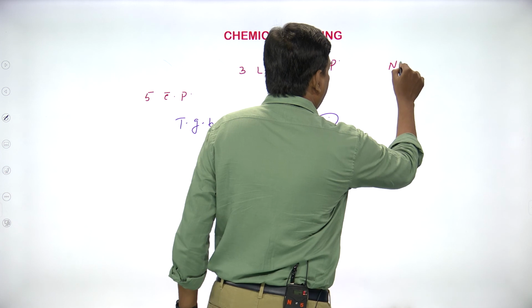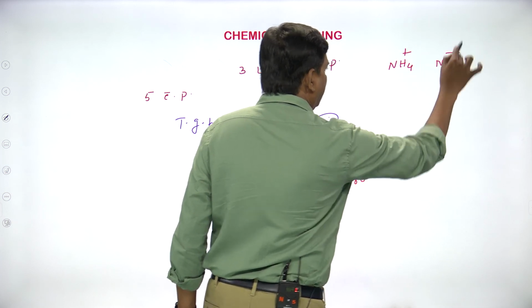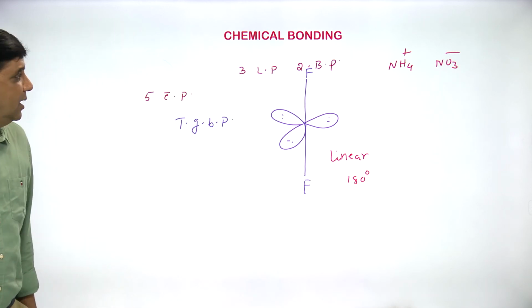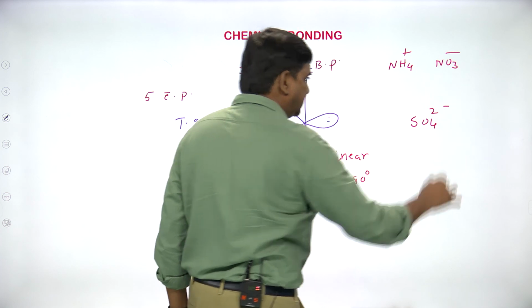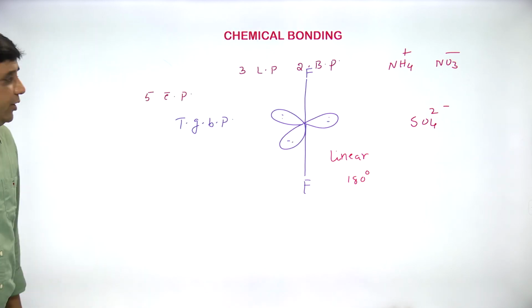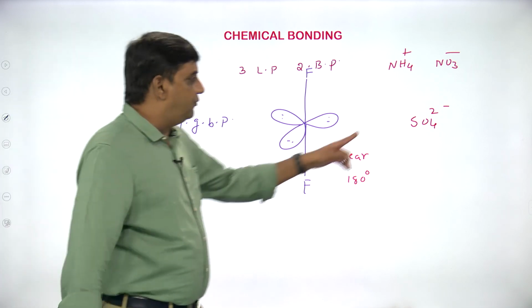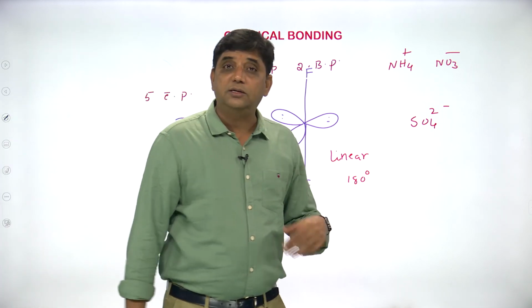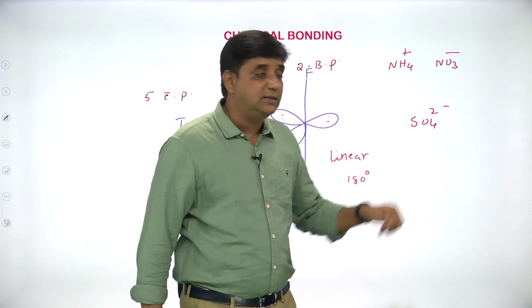Or they ask for the hybridization of NH4 plus, NO3 minus, or SO4 2 minus. How do you calculate SO4 2 minus? Sulfur has 6 electrons and each oxygen also contains 6 electrons. So total 5 into 6, 30.